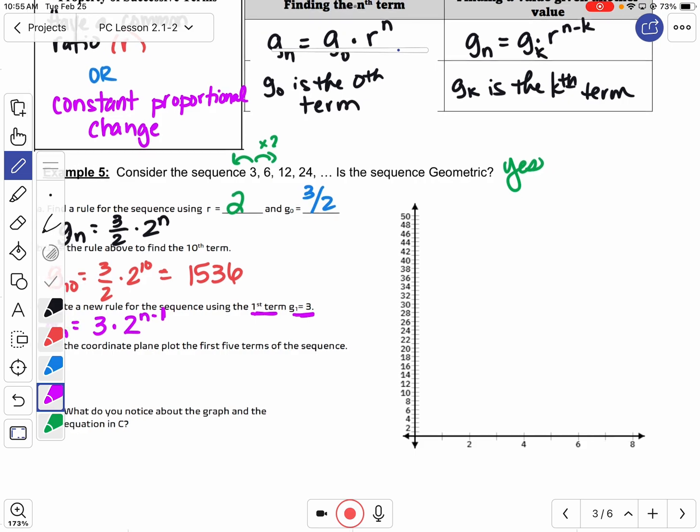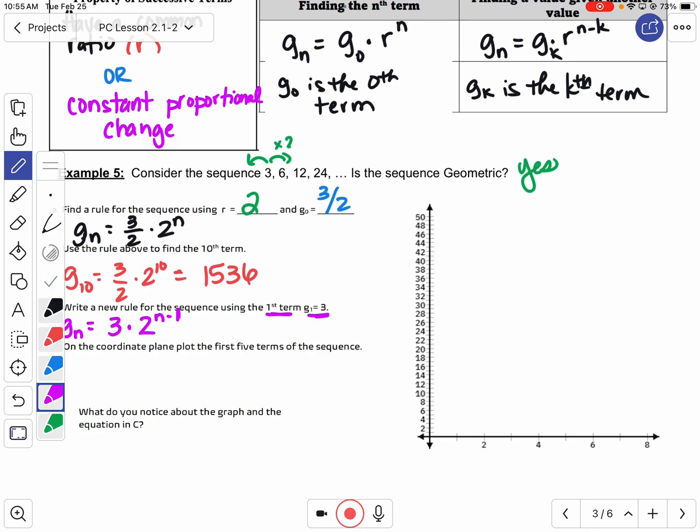And then if we graph those points that we have, 1, 3, this one's a little bit harder to do, 2, 6, and so on. 3, 12, oops, and then 4, 24. What do you notice about that? It's curved. It's definitely curved. It's not linear.